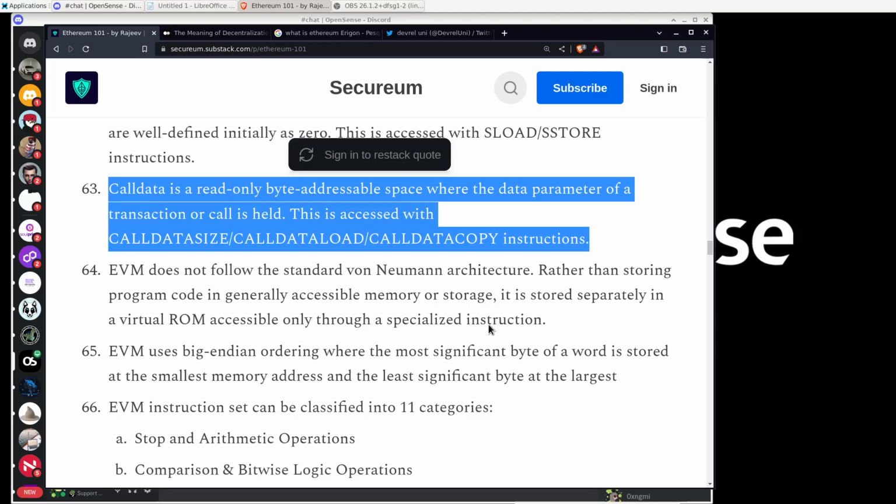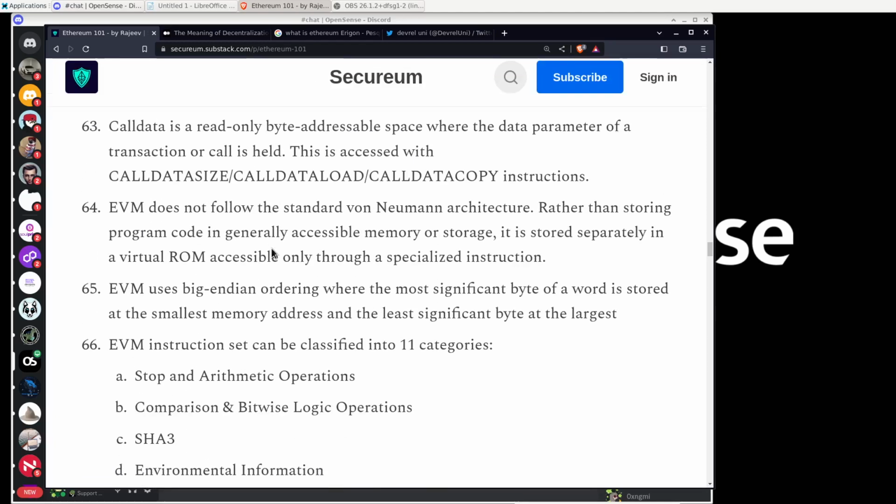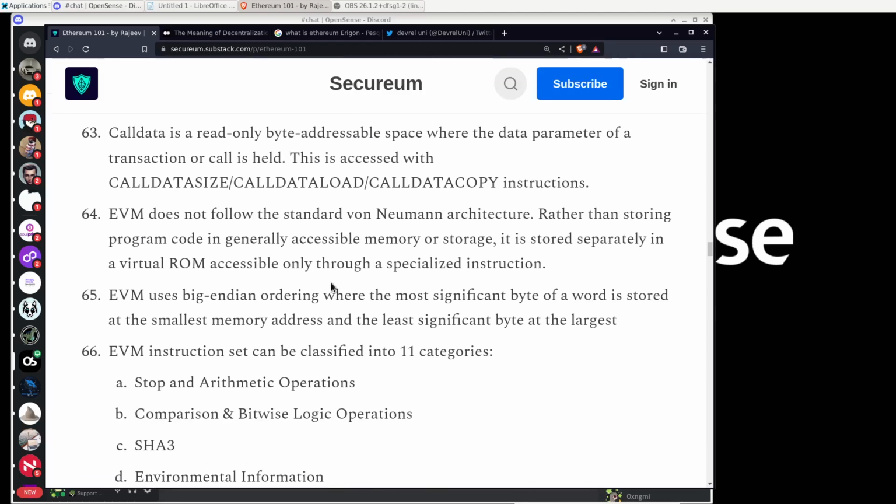And we have some opcodes: CALLDATASIZE tells the size of the call data, which can be of any size, minimum of 4 bytes for the function signature. CALLDATALOAD loads the call data from a call data location, and CALLDATACOPY copies the call data.